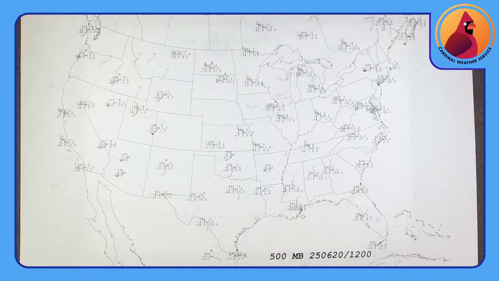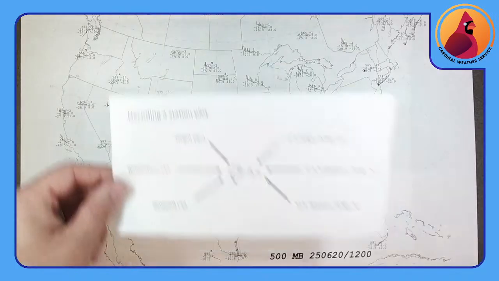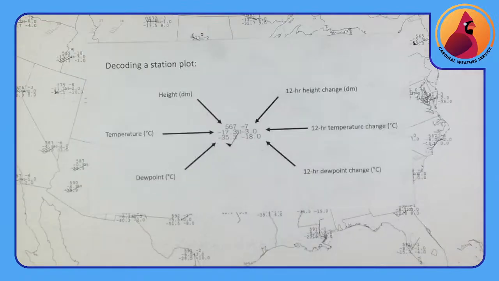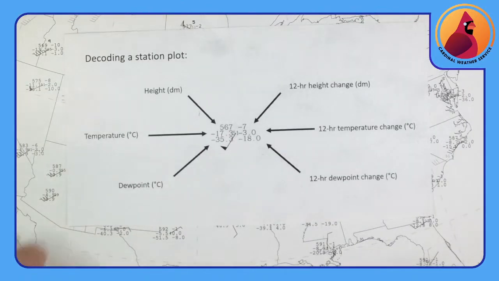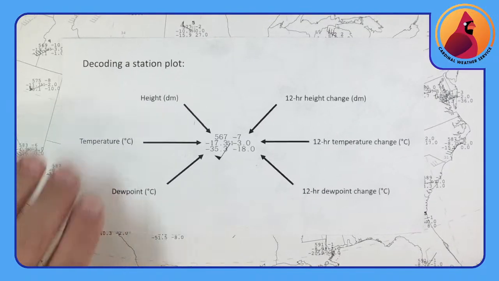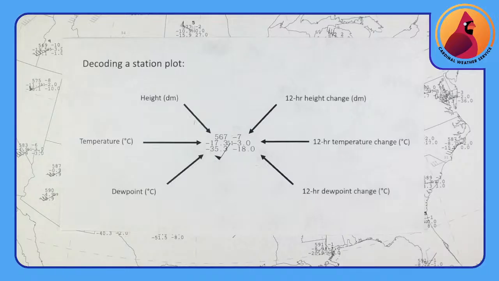So I came a little more prepared today. I have the visual here, zoom in a little bit on this, a station plot. For any one of these singular station plots on my map, it shows in the upper left the height in decameters.